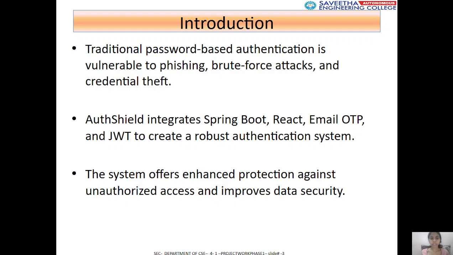For that, Orchid integrates Spring Boot, React, email OTP, and JWT to create a robust authentication system. The system offers enhanced protection against unauthorized access by implementing JWT, which gives an extra layer of security, which results in data security.